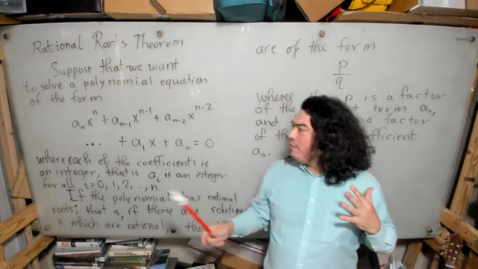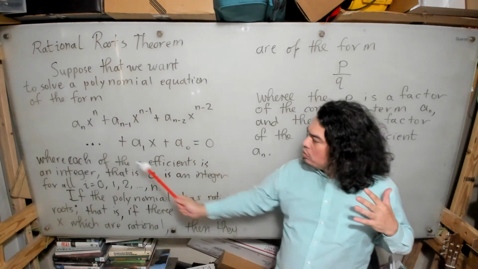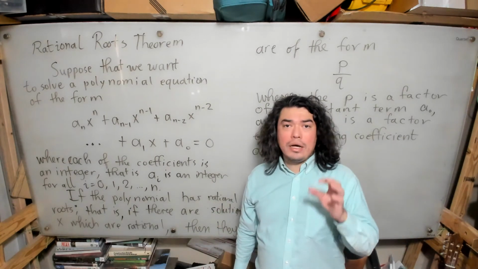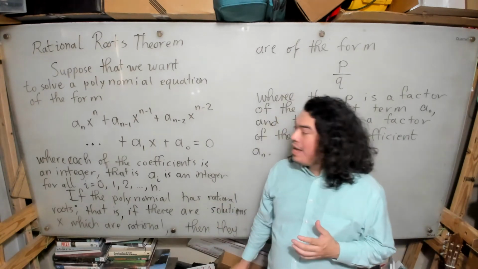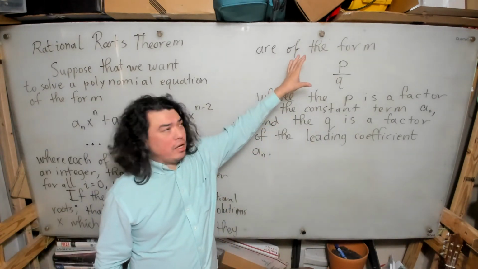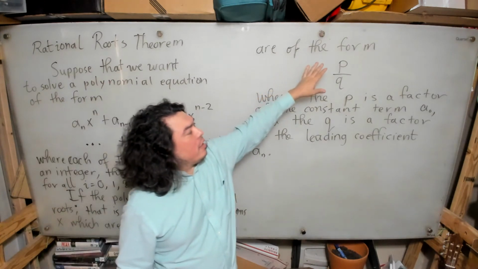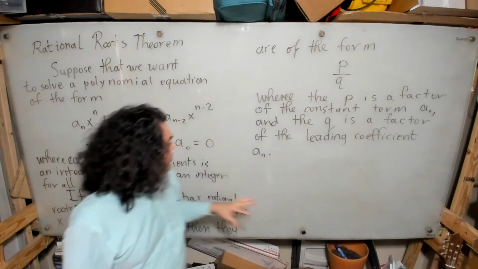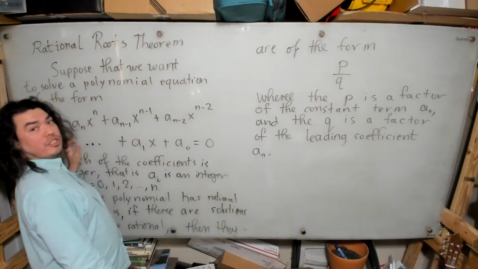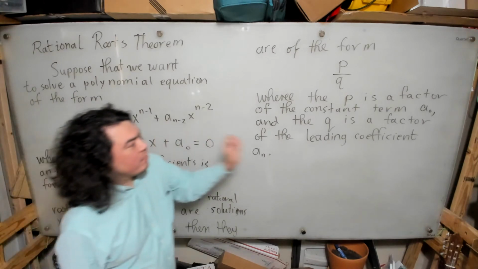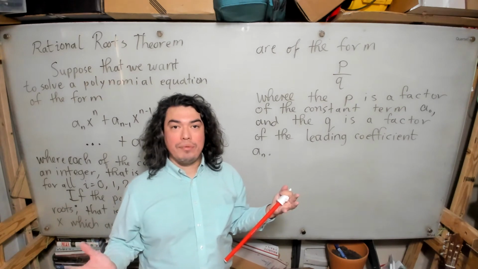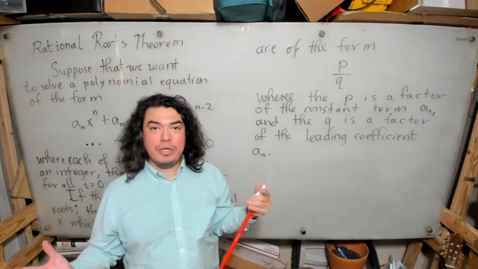If this polynomial equation has a solution that is rational, a fraction or a whole number, then that solution must be in the list that is generated by taking all the factors of a naught and all the factors of the leading coefficient a n. You can make a list of those factors, and now we have a finite list of possible choices to choose from. Okay, so that's a huge improvement.